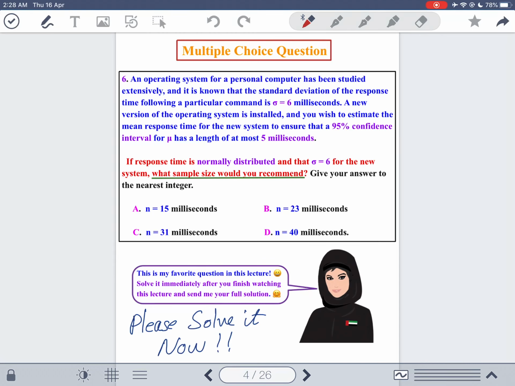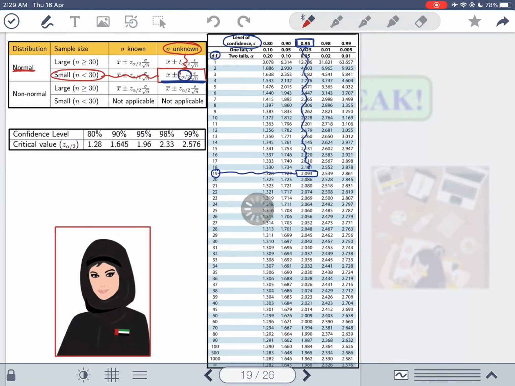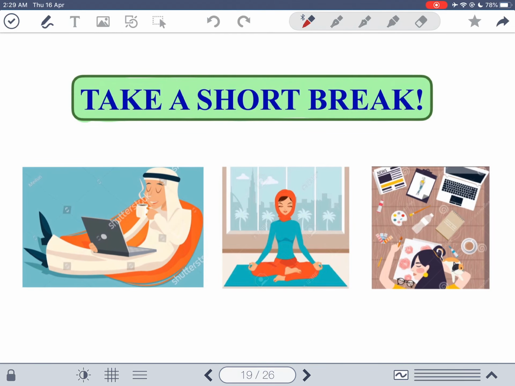Do not watch the rest of the questions before you see the answer to this one, please. I mean, you solve it, and then you can send me your solution, and I will check and let you know if you got it right or not. Okay, good. So now we will take a short break. Let's wait for 3 seconds if you want to pause the video now.